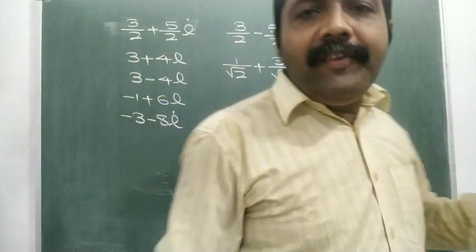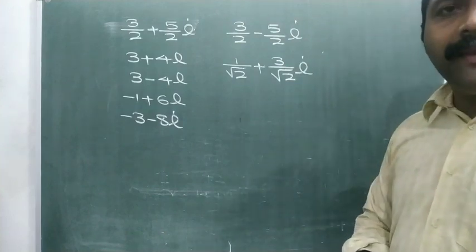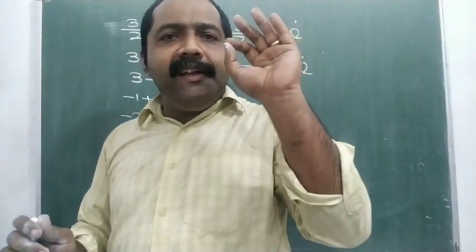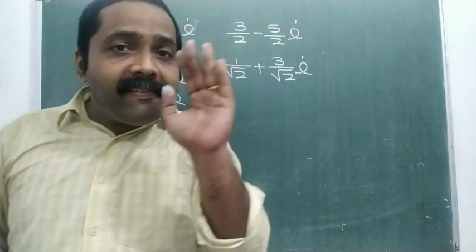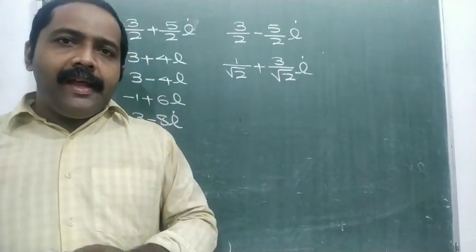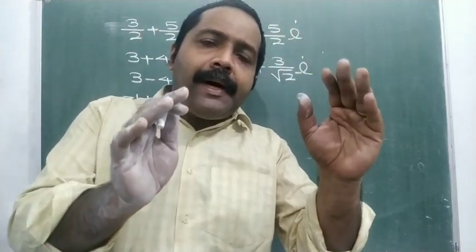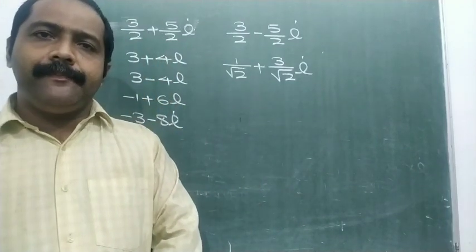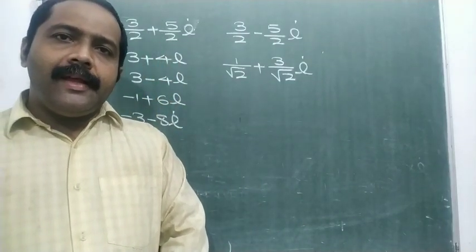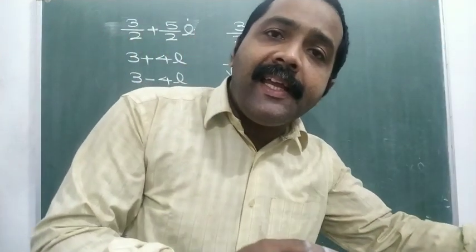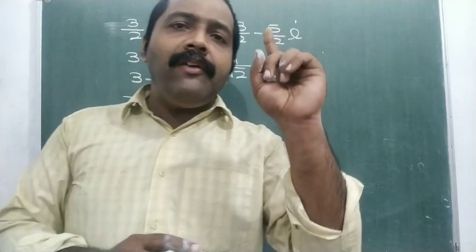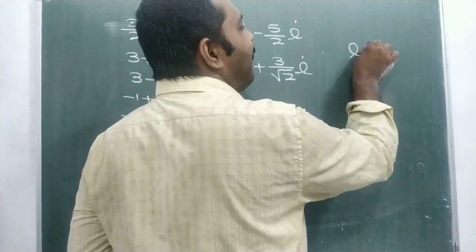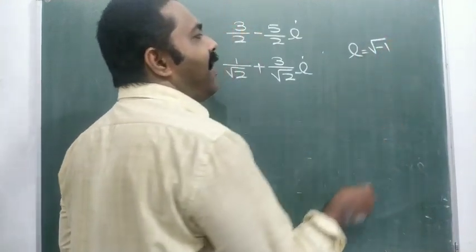Then, while solving a quadratic equation, if the value of the discriminant is less than 0, then the real number system is extended into complex numbers or imaginary numbers involving the term i, where the value of i is equal to root minus 1.